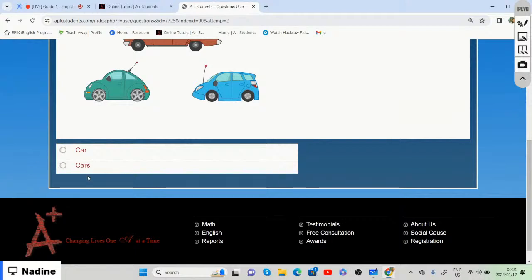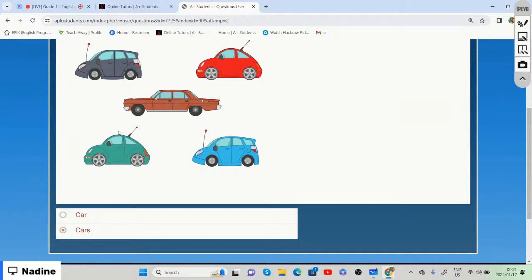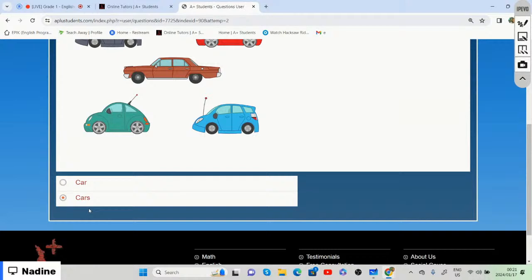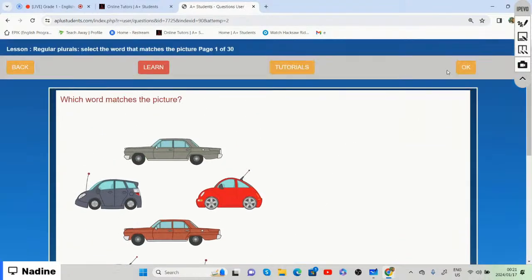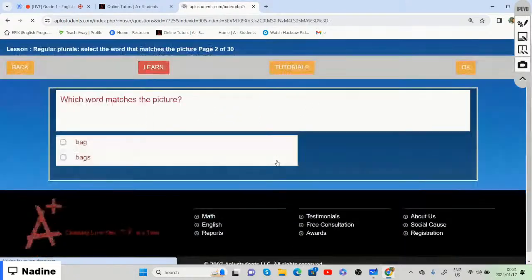The second option will be with S. So 1 car, 6 cars, and it ends with an S. Right? So 1 car, more than 1 cars. And that is correct.